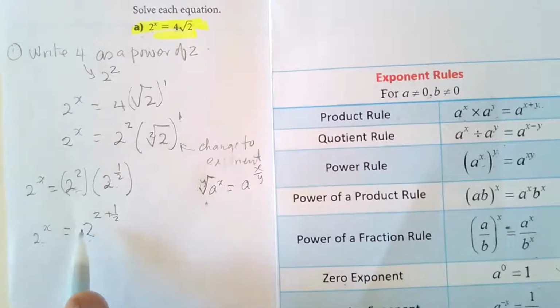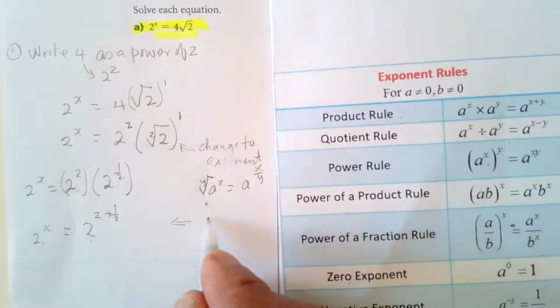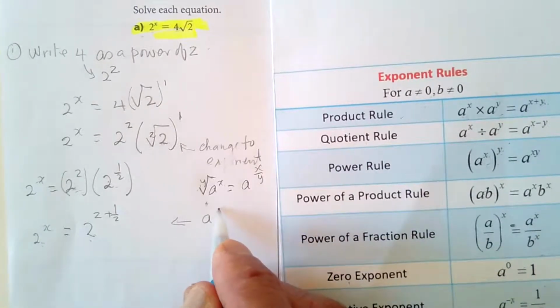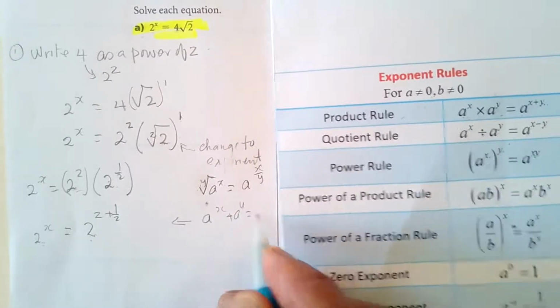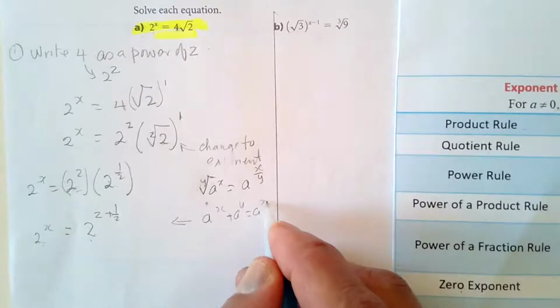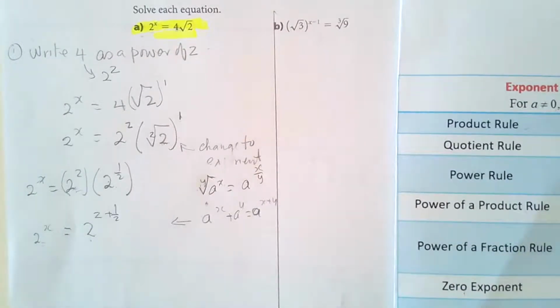Therefore, the exponents are equal. If you want to write that, we have a to the x times a to the y is equal to a to the x plus y. Just to remind you, that's what we did here, the product rule.